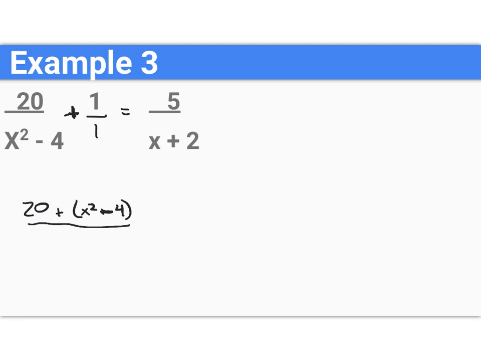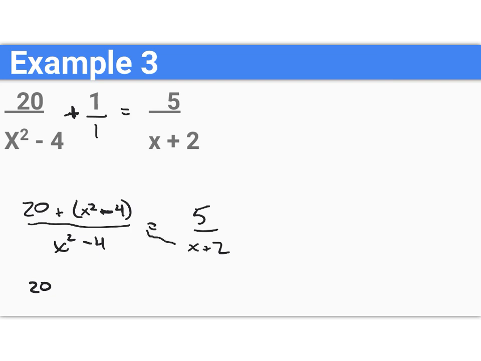Oh, look at this, this is a difference of squares, over x squared minus 4 equals 5 over x plus 2. So we're going to cross multiply this.